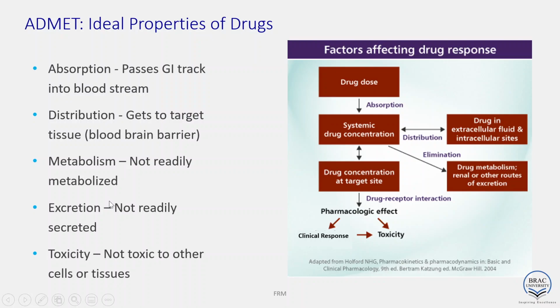So these are the desirable properties. Also, toxicity is an important factor. The drug should not be too toxic to the intended tissue. The drug should have a low amount of toxicity. So these are the desirable properties.